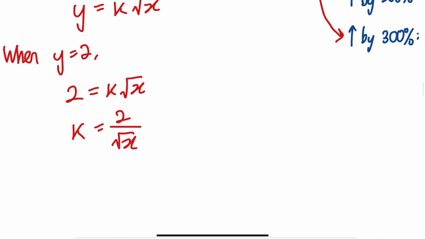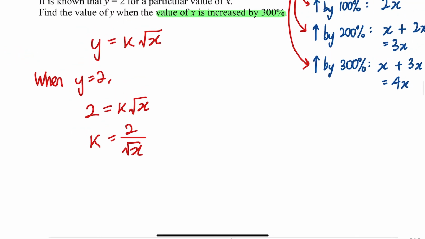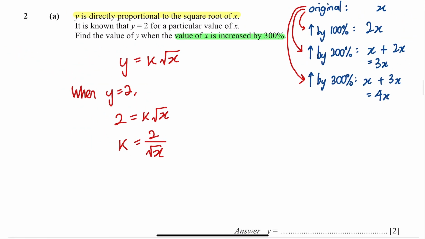So this means that now, for this question here, when x is increased by 300%, when new x is 4x, find the value of y. I know that y will now be equals to k times square root of, now instead of x, the new x will become 4x.